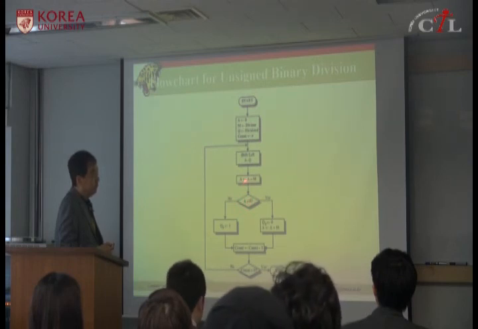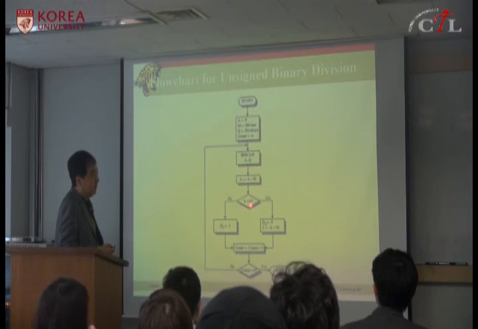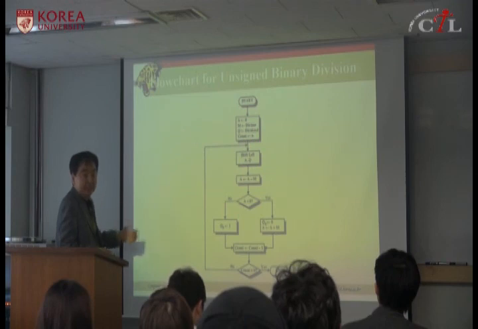If you do subtraction, and then you check less than 0 or not, right? If less than 0, you add back. You cannot divide, right? You cannot subtract. If it's greater than or equal to 0, you can subtract. So you put the quotient. Right? With this step for n iterations.